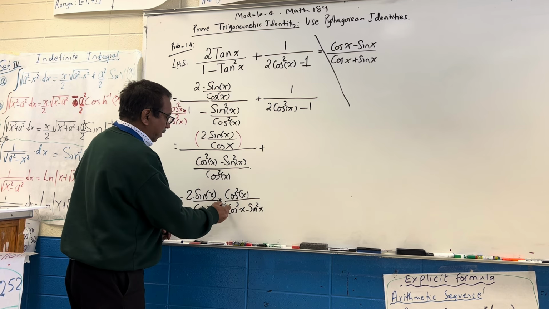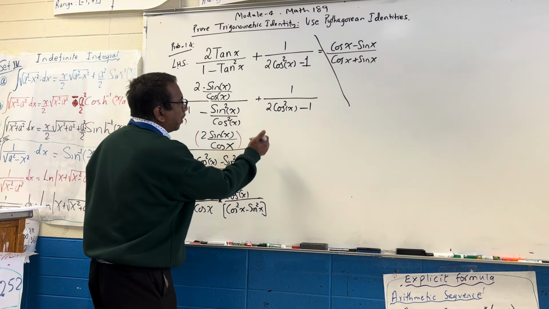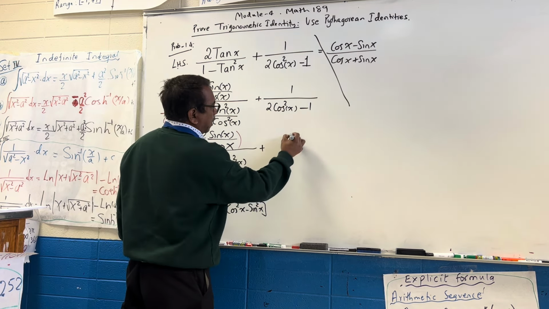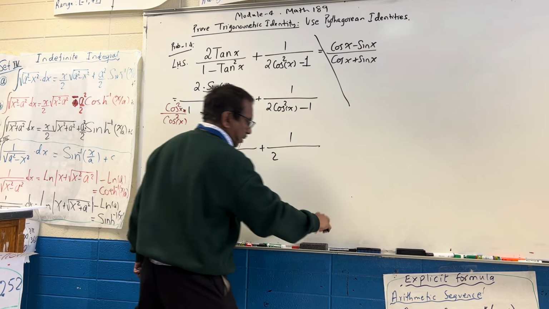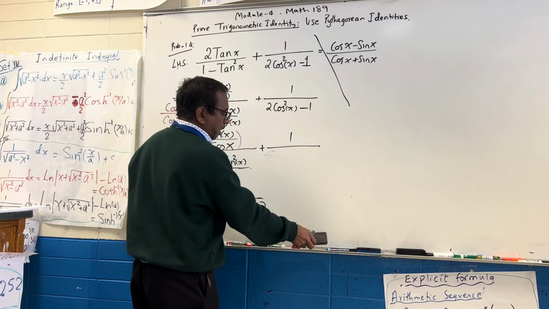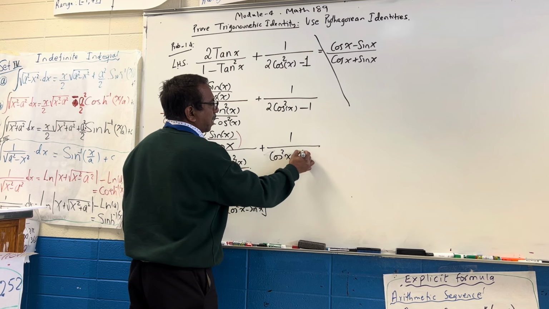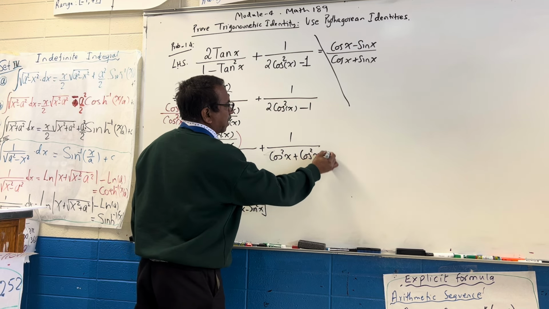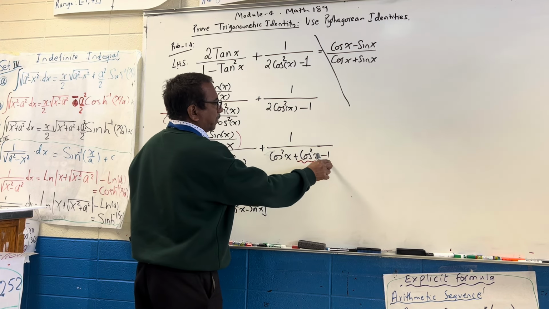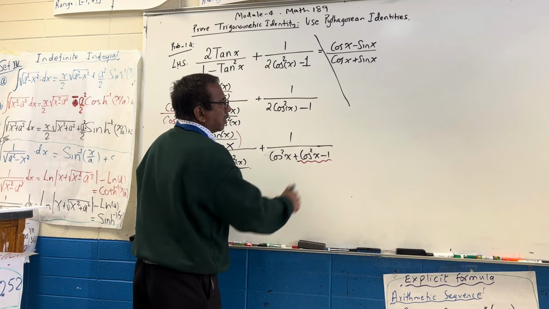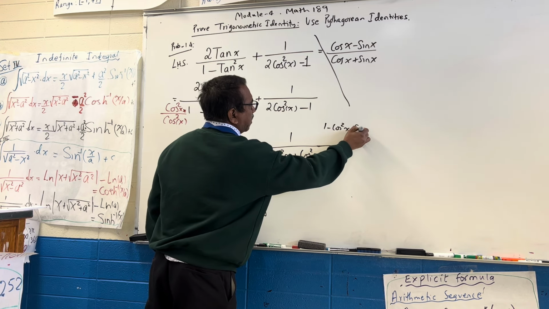So you can see this one has cosine square minus sine square. So somehow I want to see if it is possible to get a common denominator here. This cosine square you can write as 2 of this. So that means I can write it as cosine square of x plus another cosine square of x minus 1. Okay? So I write twice, and the reason is this will give you 1 minus cosine square of x is sine square.